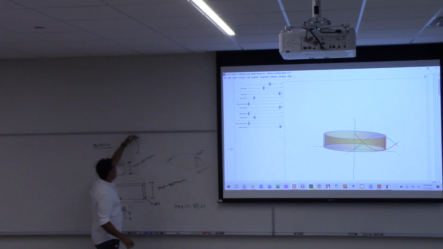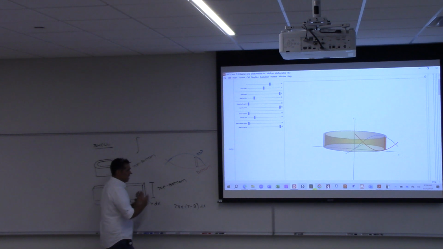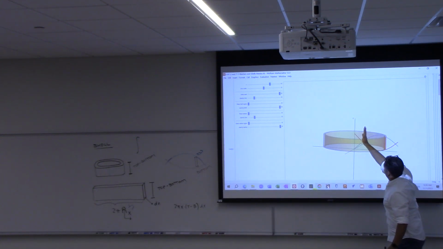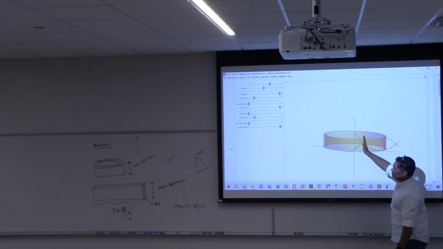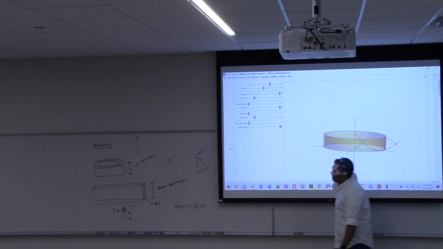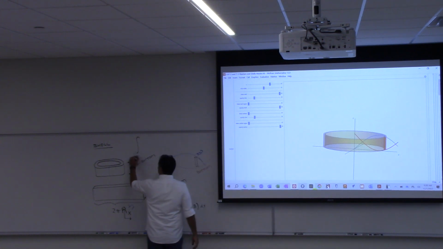Okay, limits of integration. Well, what's the thing that's changing? This rectangle is moving from the left edge to the right edge. What's changing, x or y? X, right? So your limits of integration are going to be this left endpoint, this right endpoint, so your integral should go from a to b.